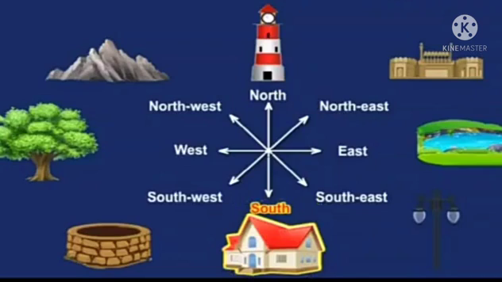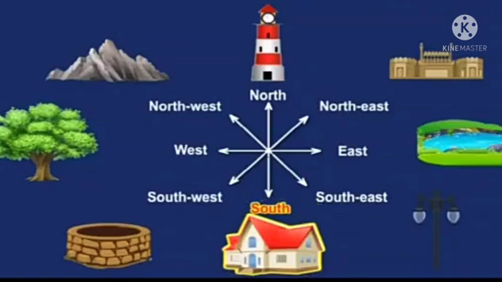The clock tower is in the north direction and a house is in the south direction. Okay, so north is opposite to south. Now next one, a tree is to the west and a pond is to the east. Here west is opposite to east.